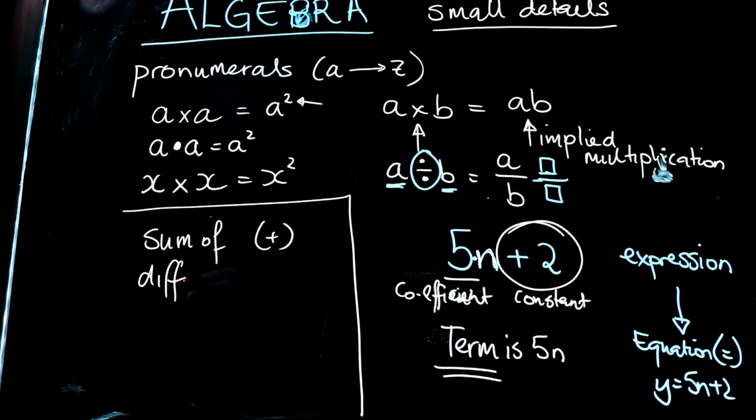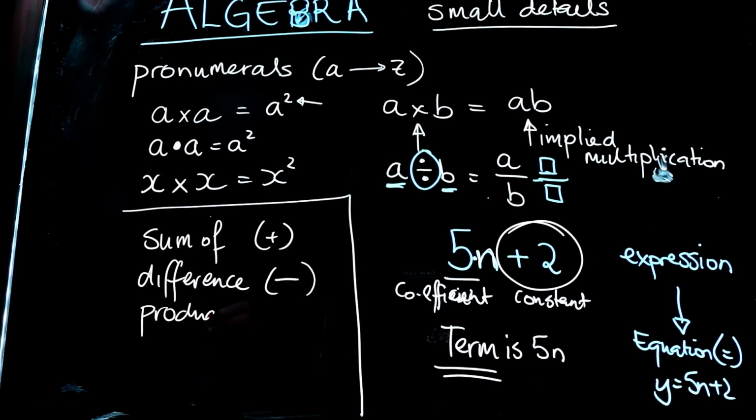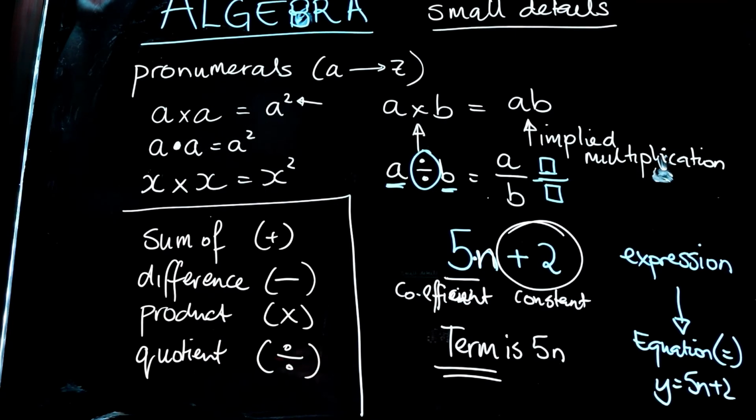Difference, meaning we subtract one thing from the other. Product, we multiply. And quotient, when you see this word here, we've got to remember division, okay? So they're the words that we use to link up the mathematical operation.